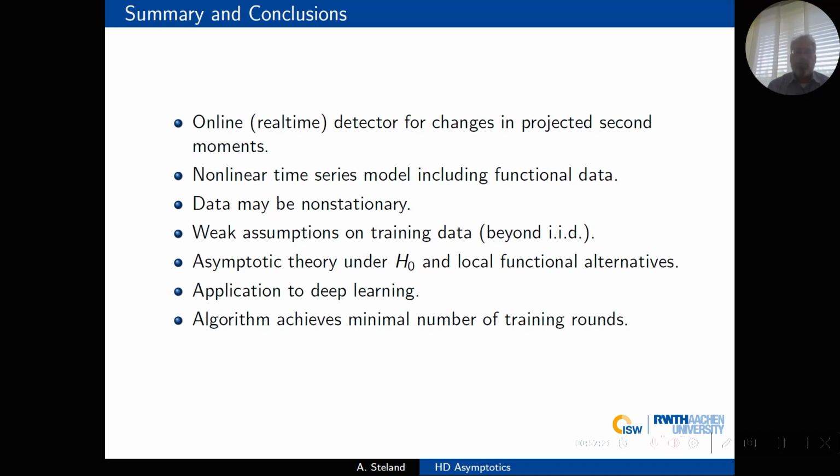So we have very weak assumptions on the training data, going beyond the classical IID assumption or the assumption of stationarity. We have valid asymptotic theory under the null hypothesis, but also under local functional alternatives. And we discussed application to deep learning and proposed an algorithm which really achieves minimal number of training rounds.